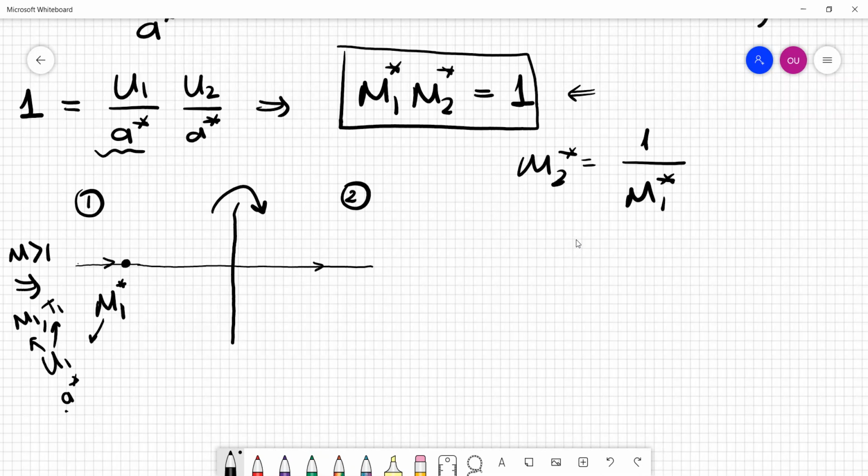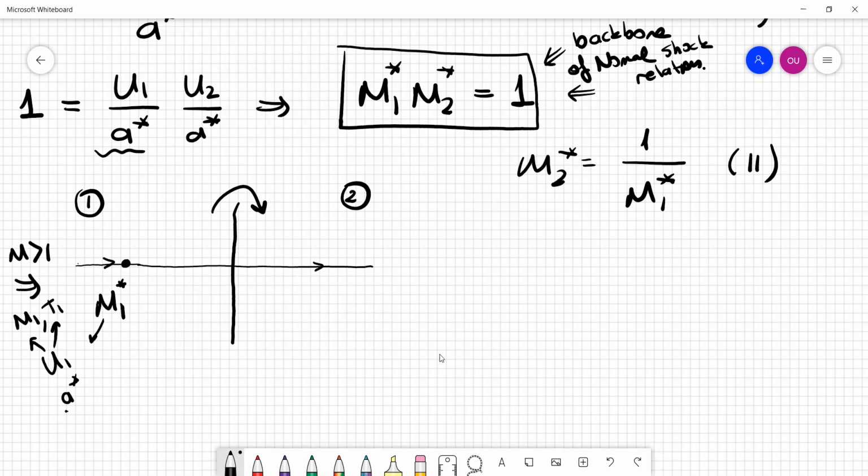Let's call this equation 11, by the way. This is the backbone of normal shock wave relations. Everything starts from this relation.